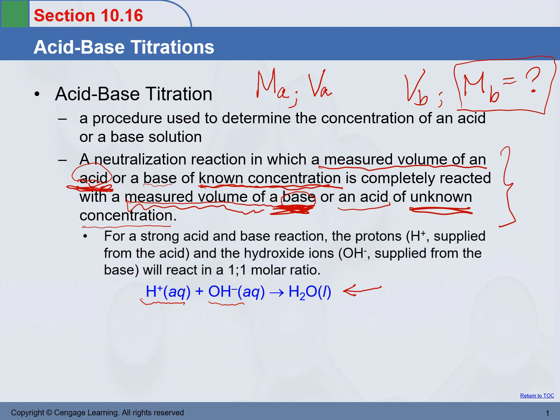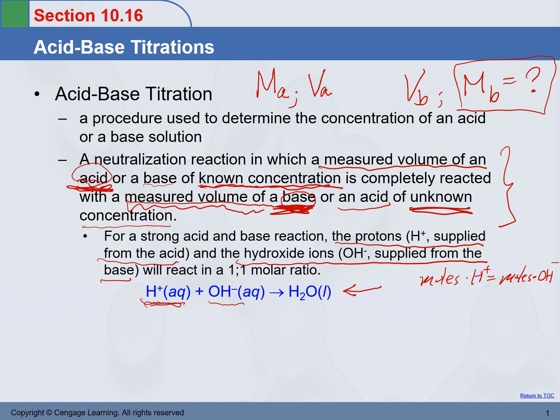For a reaction between a strong acid and a strong base, the protons supplied from the acid and the hydroxide supplied from the base react in a 1-to-1 ratio. All the moles of proton will equal the moles of hydroxide.